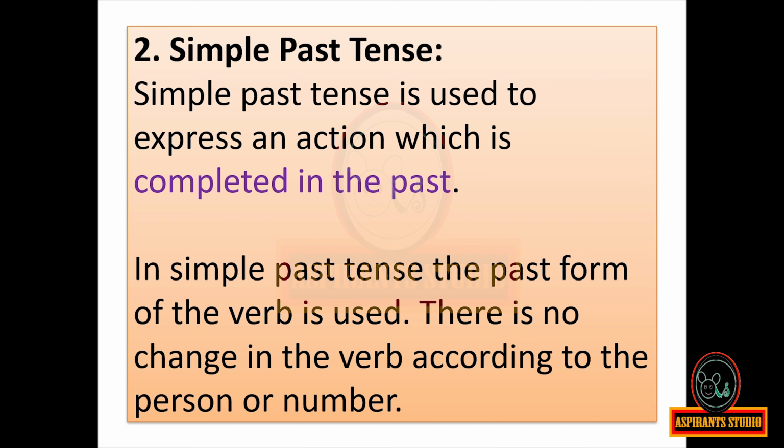Simple past tense. Simple past tense is used to express an action which is completed in the past. In simple past tense, the past form of the verb is used. There is no change in the verb according to the person or number.